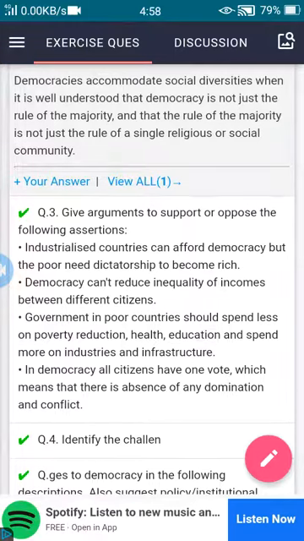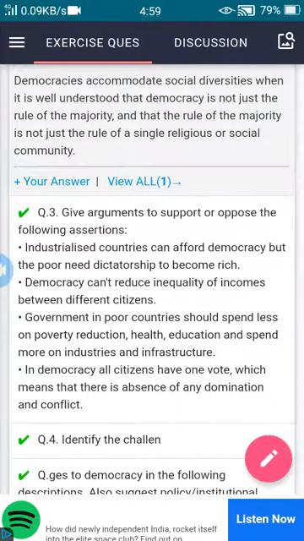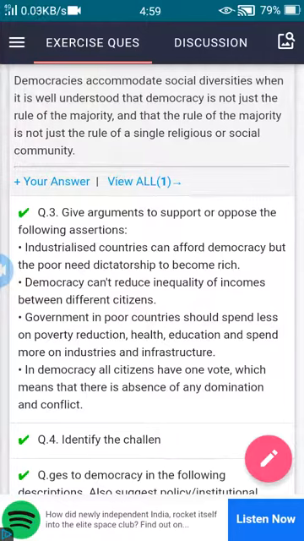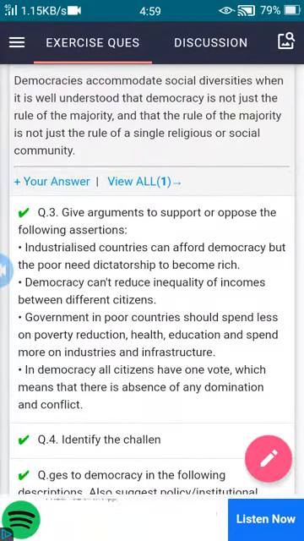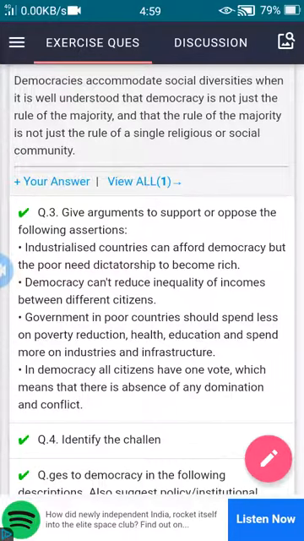Answer, democracies accommodate social diversities when it is well understood that democracy is not just the rule of the majority, and that the rule of the majority is not just the rule of a single religious or a social community.